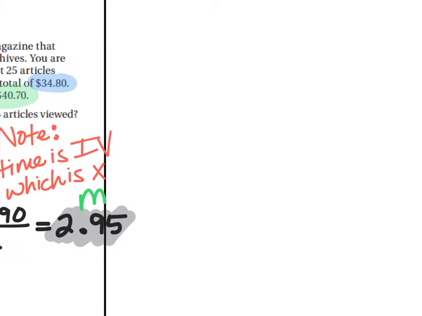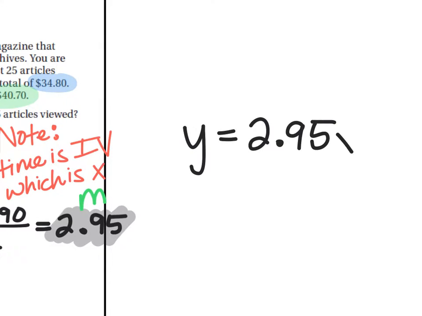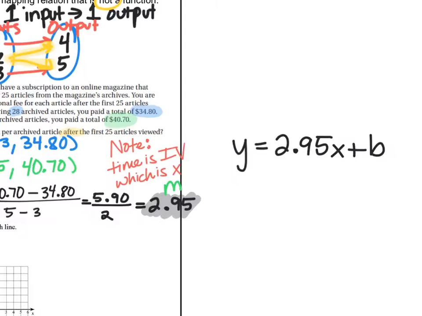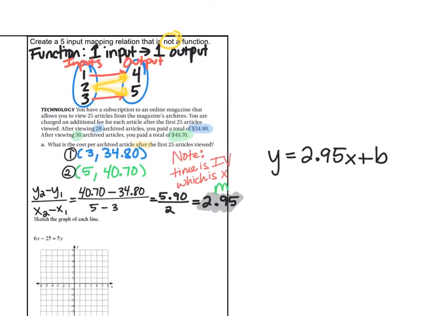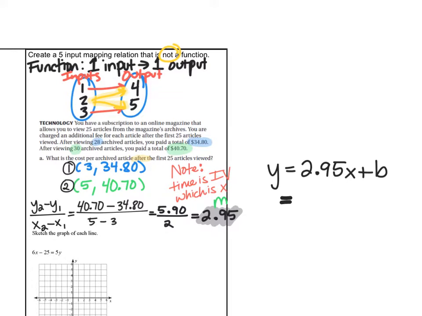So y is equal to 295 x plus b. We have x's and y's. We're going to choose one of those points. The first one looks fine to me. So for x, I'm going to put 3. For y, I'll put 3480.